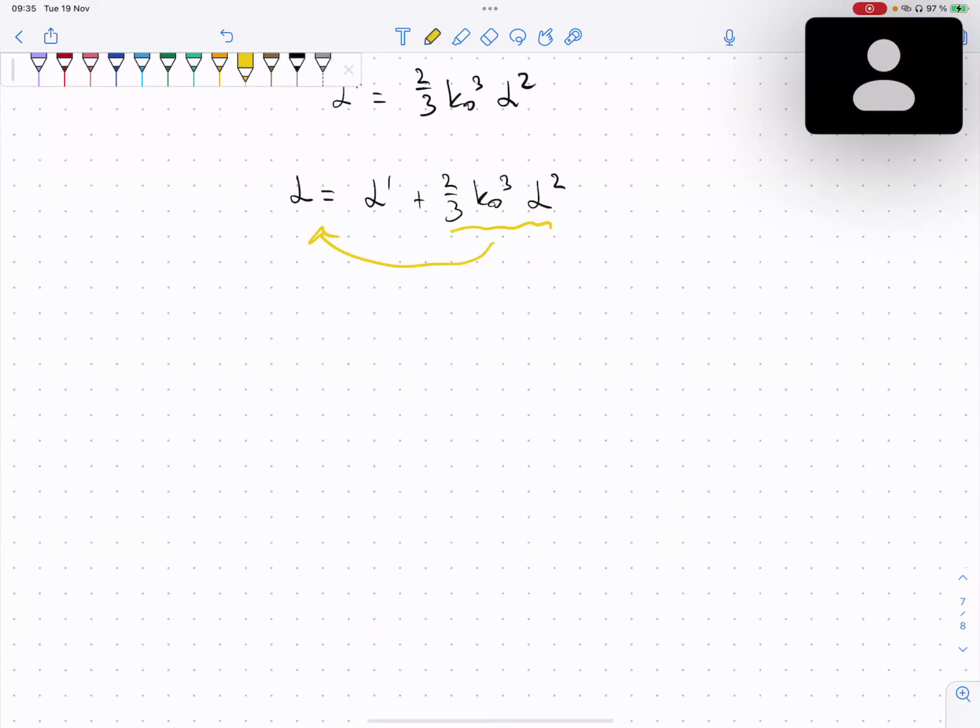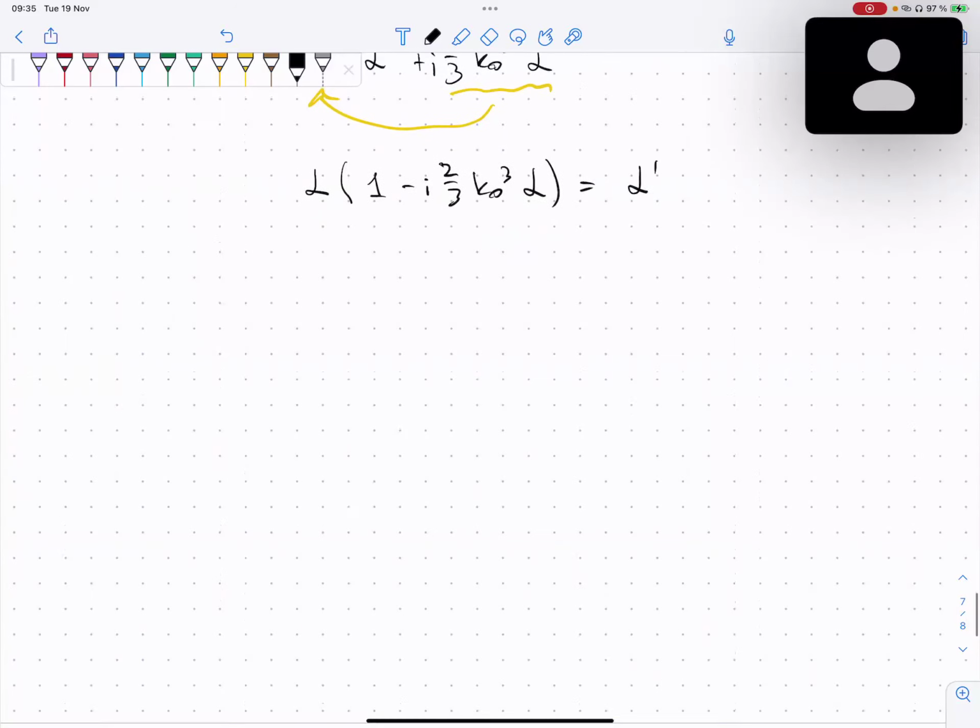We put this to the left part, and it's alpha times (1 minus I 2/3 k0 to the third power alpha) equals alpha prime.